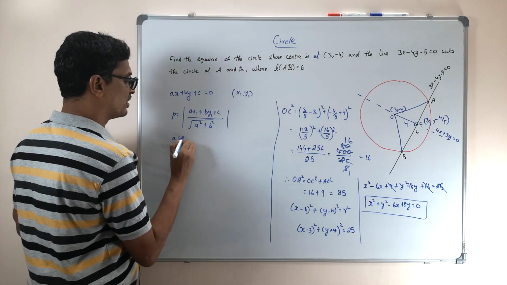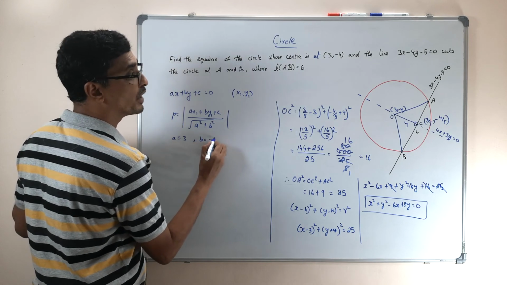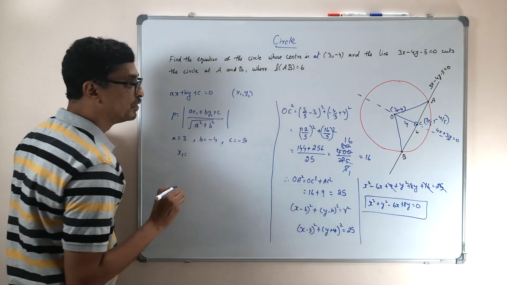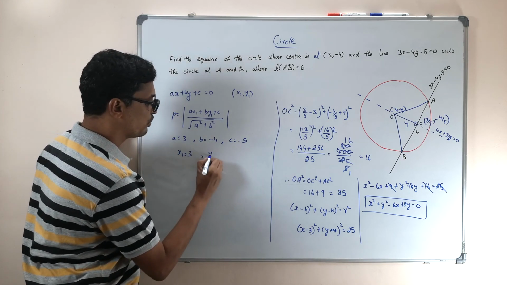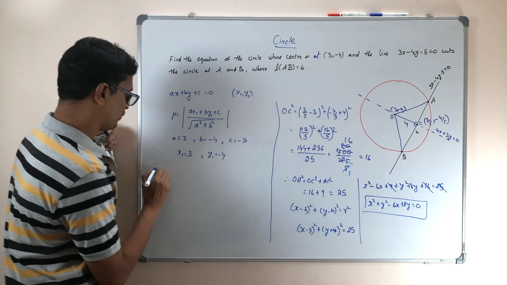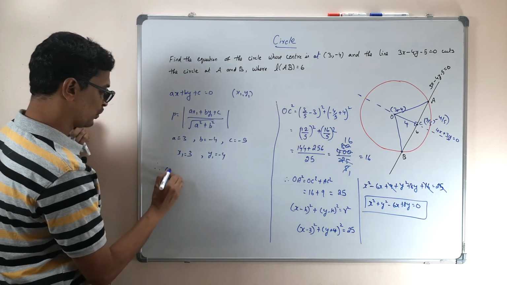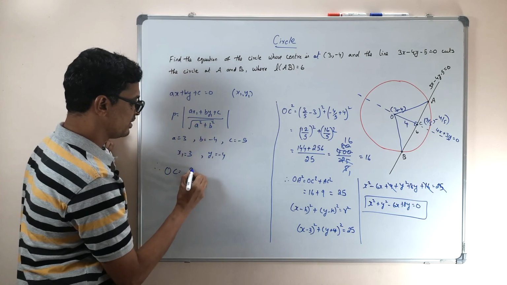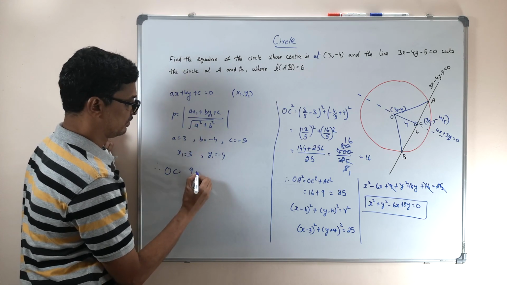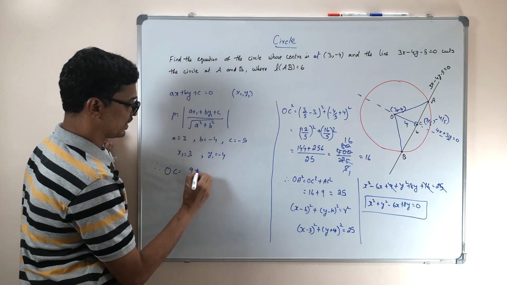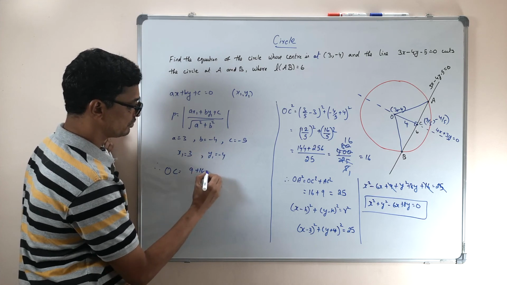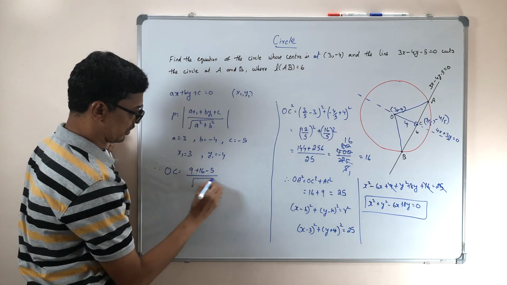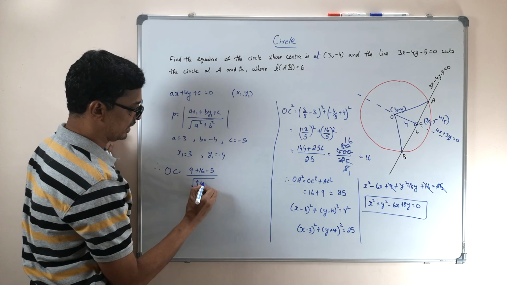a equal to 3, b equal to minus 4, c equal to minus 5, x1 equal to 3 and y1 equal to minus 4. Therefore p, which is OC, is equal to: a x1 is 9, plus b y1 is 16, minus 5, divided by root of 9 plus 16.